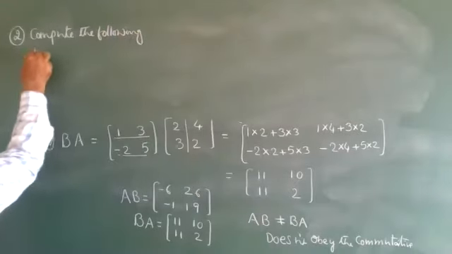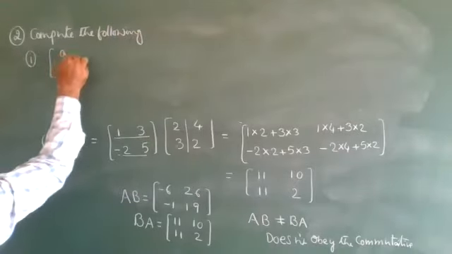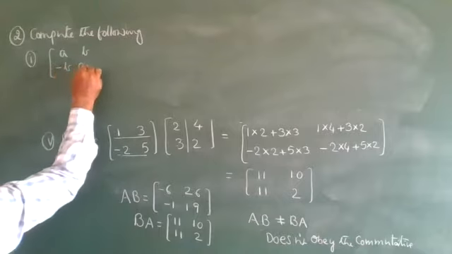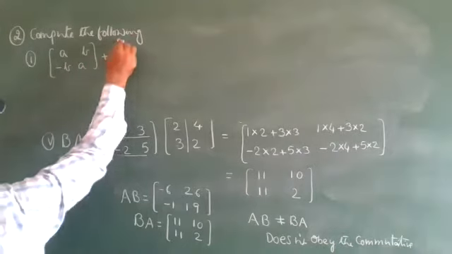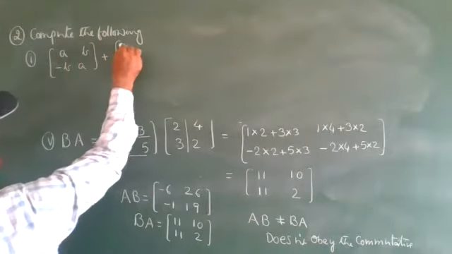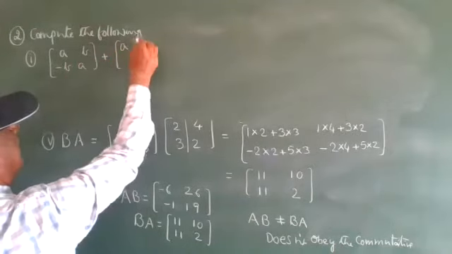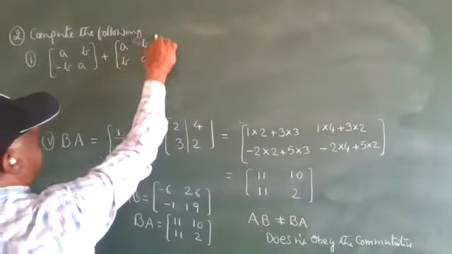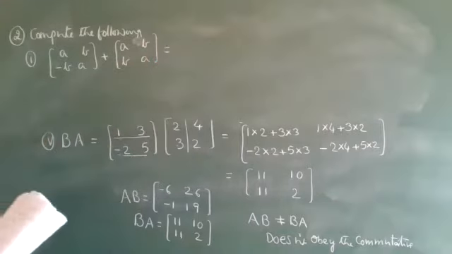First bit is AB in the first row, minus BA in the second row, plus the second matrix with AB and BA. First bit complete, everyone.